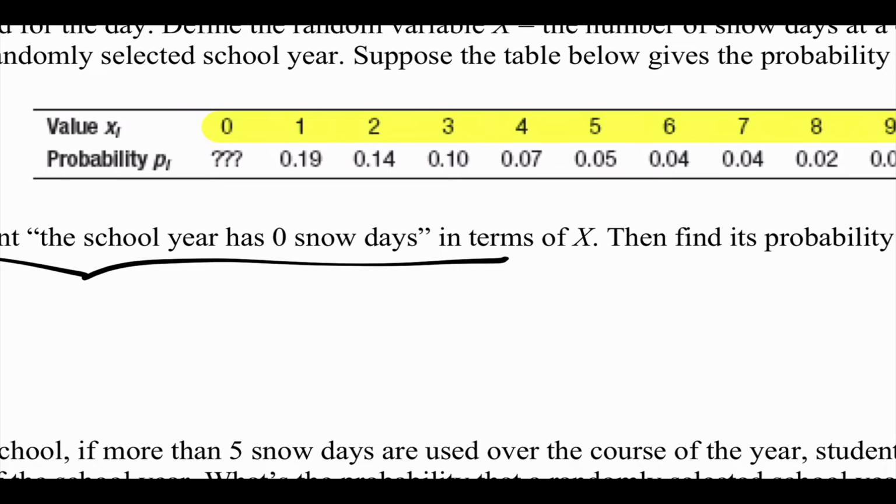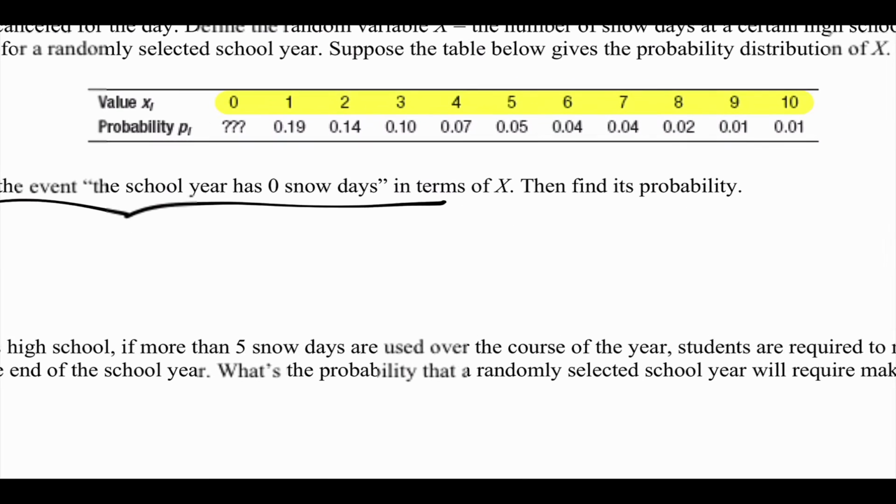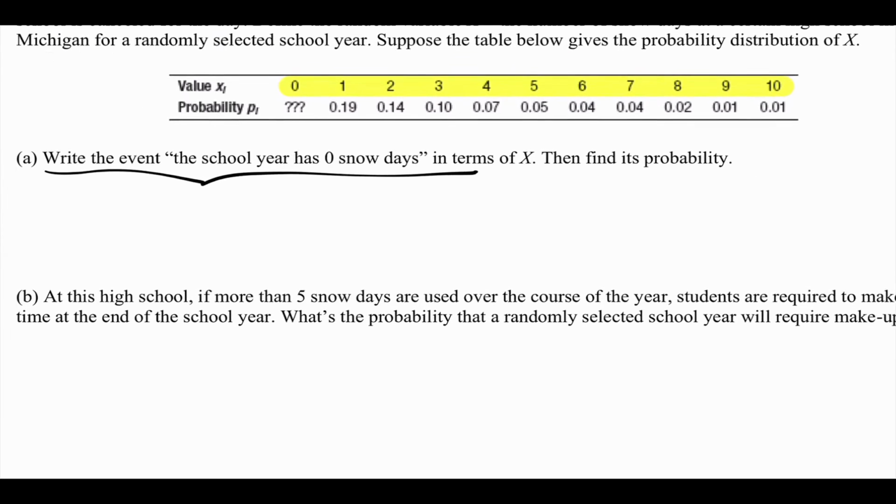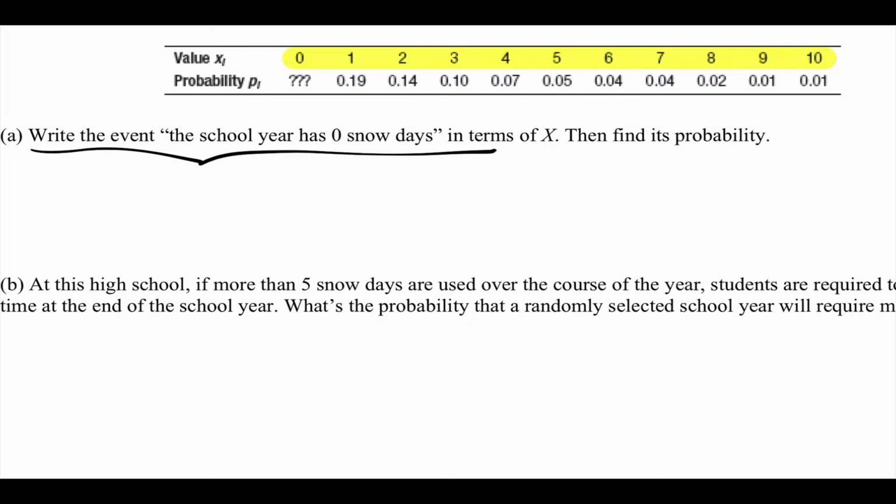Snow days are different. Either they don't go to school or they do come to school. So this is why it's a discrete random variable. There's no decimals. It's usually going to be discrete. Okay? So write the event, school year has 0 days, and then find the probability.